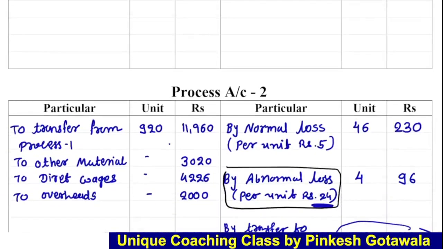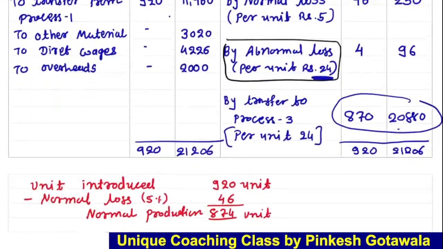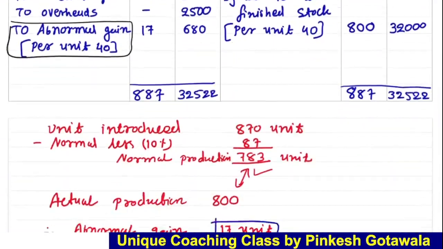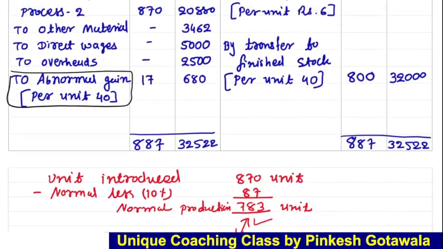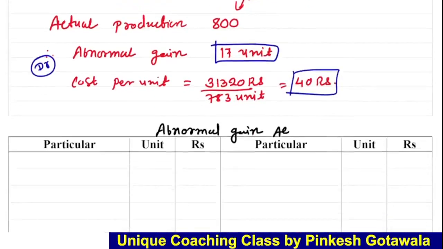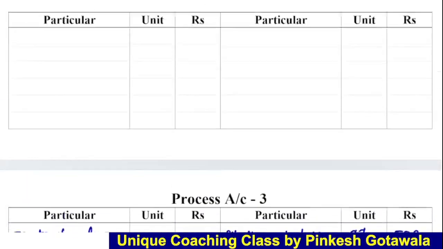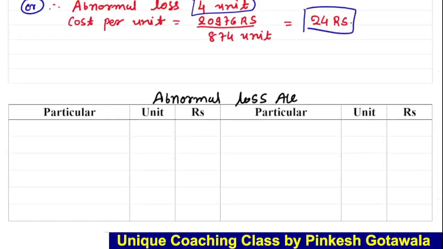In process 2 we get abnormal loss, so we prepare an abnormal loss account. And in process 3 there is an abnormal gain, so we prepare an abnormal gain account. Means we have to prepare 2 abnormal gain and 1 abnormal loss. So let's start. First of all, prepare the abnormal loss account. Very simple. Remember, there are fixed steps in abnormal loss or abnormal gain.